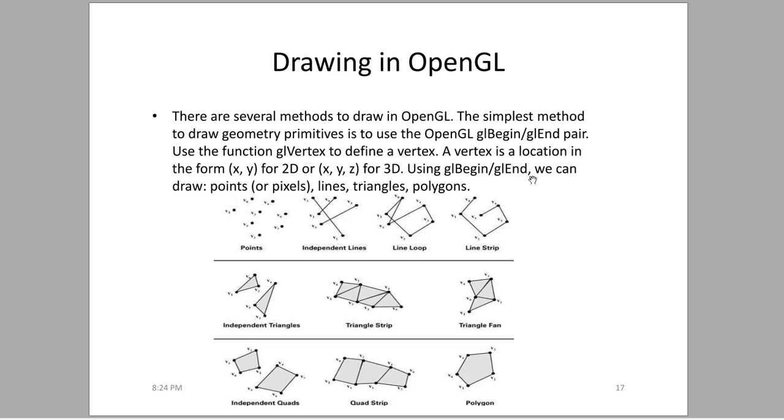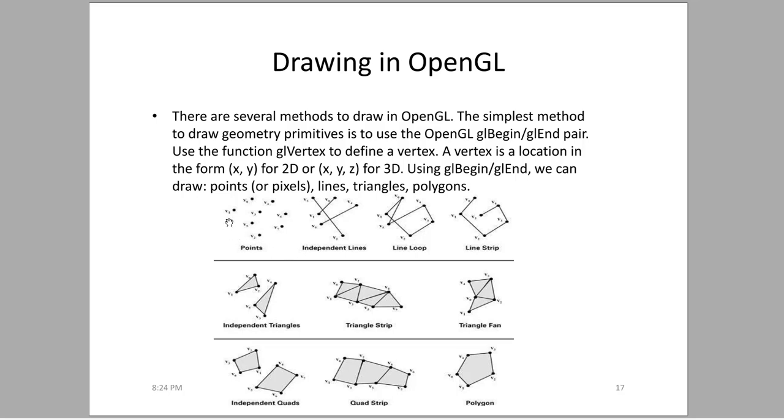A vertex is a location in the form of XY for 2D or XYZ for 3D. And using glBegin and glEnd, we can draw vertices or points, lines, triangles, and polygons. So these are different shapes that we can draw with OpenGL, starting from basic points.